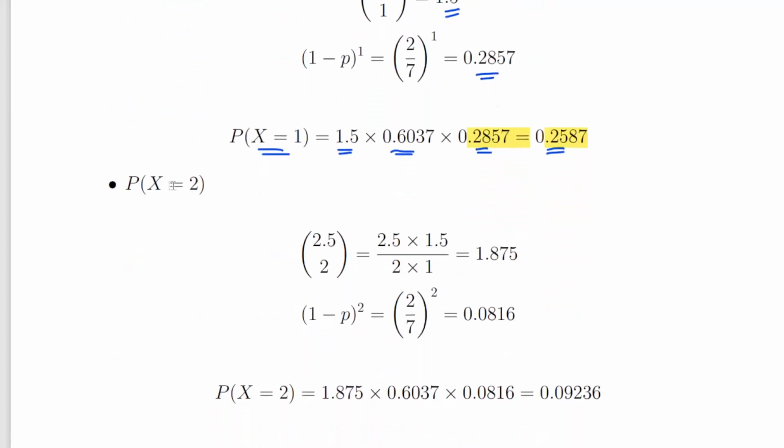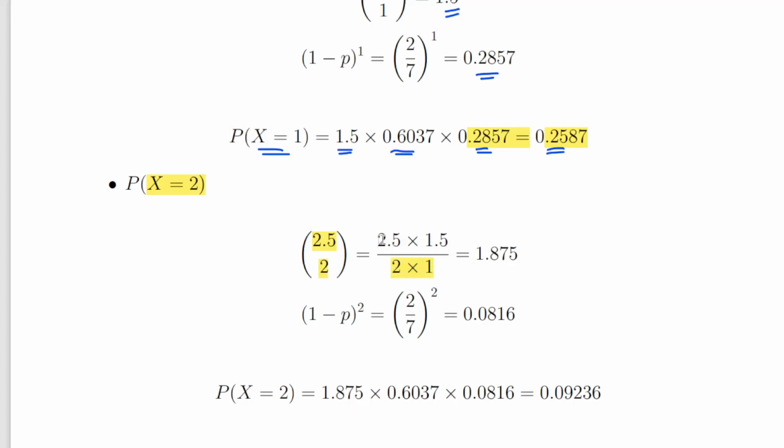And finally, the probability of x equal to 2. First off, the first term here, from 2.5 choose 2. This is probably a good example of working with these binomial coefficients. We look at the number below and get the factorial of that, 2 times 1.